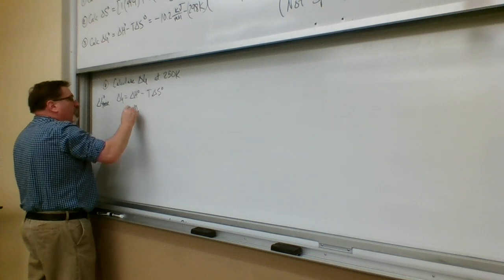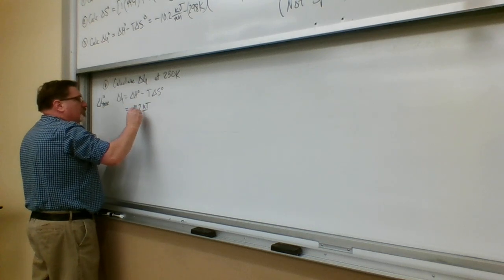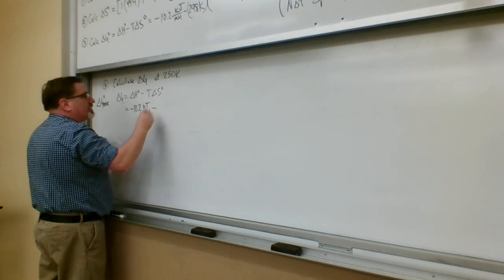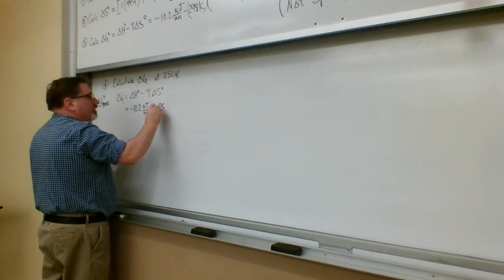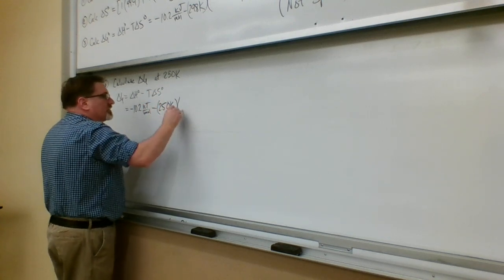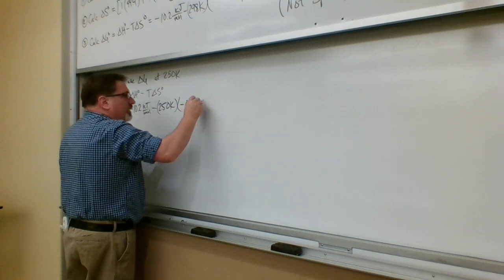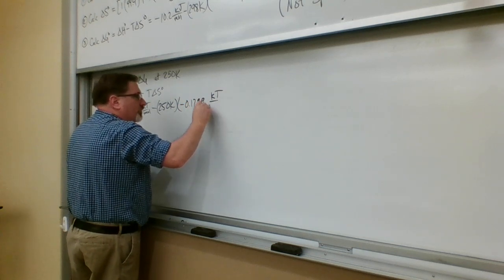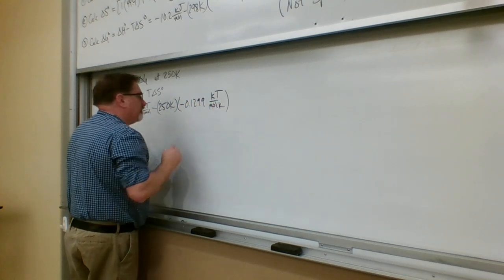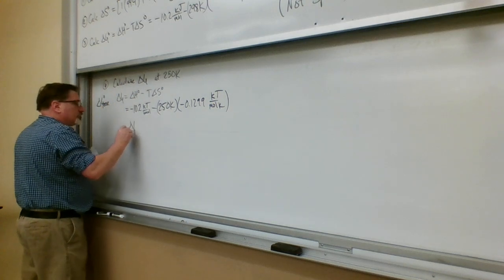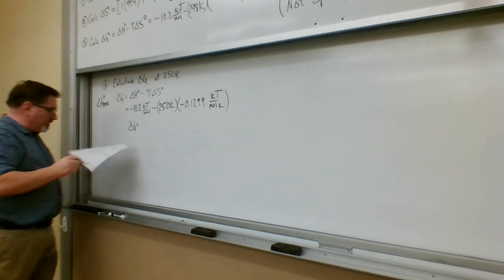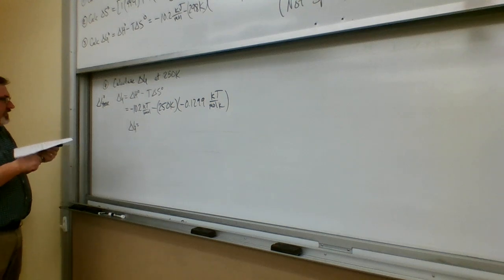So minus 10.2 kilojoules per mole minus, in this case, 250 times minus 0.1299 kilojoules per mole Kelvin. So at this temperature, we can calculate delta G.